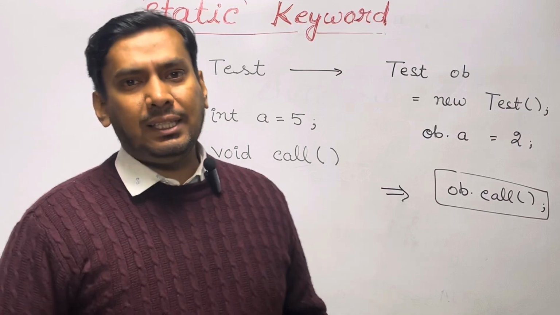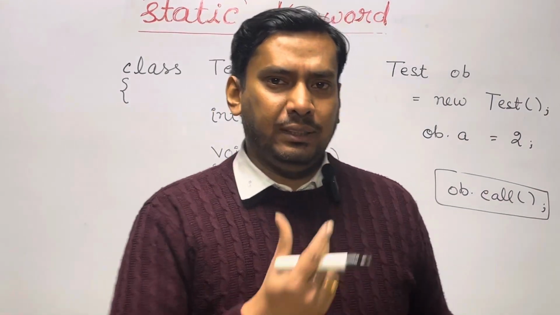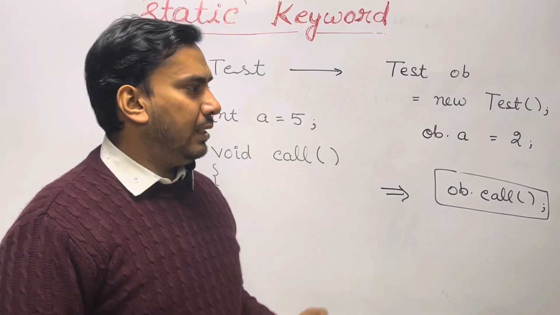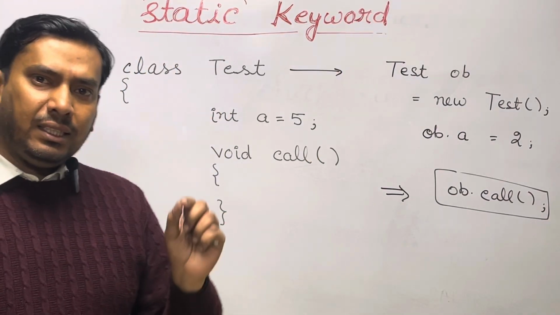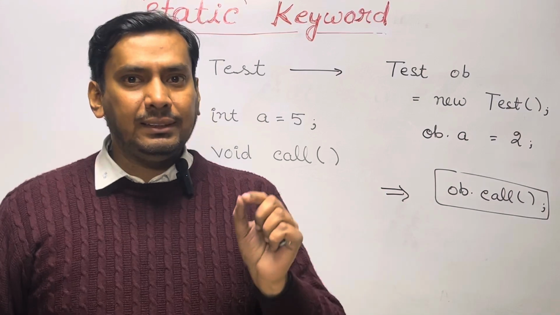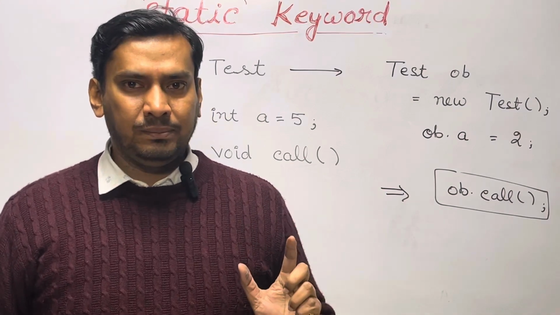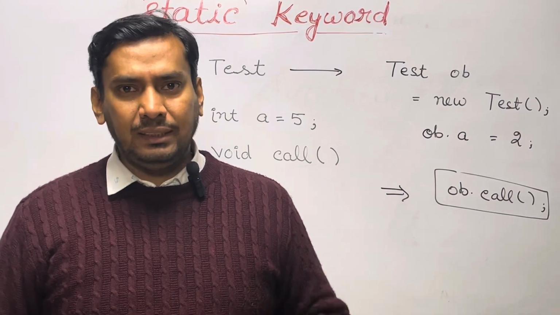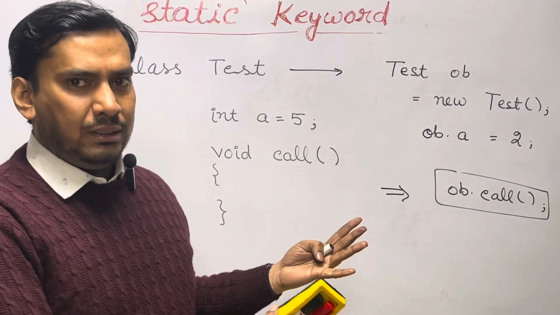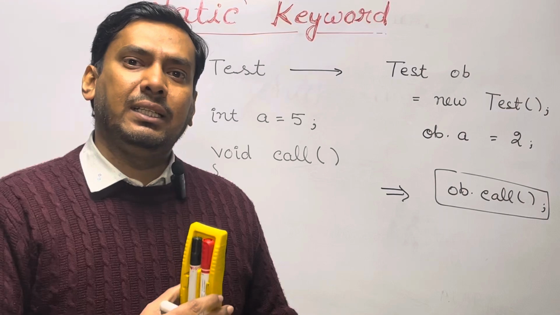So, you can say that static provides a loophole in the object oriented programming. How are we providing a loophole? Basically, if any member of a class is declared static, there are 4 things which we can discuss in the next part of this video, which can be declared static.